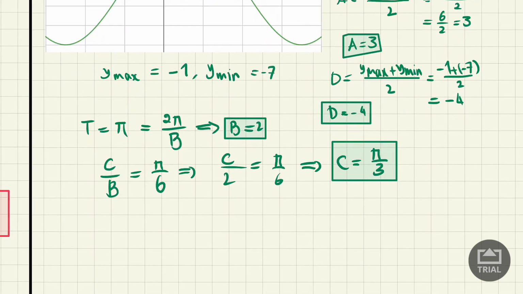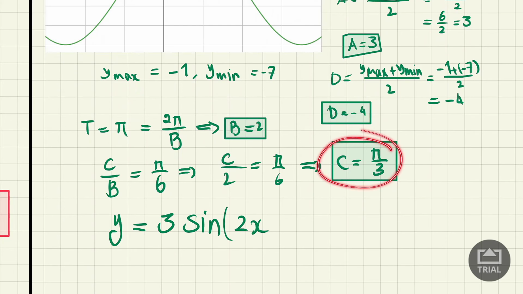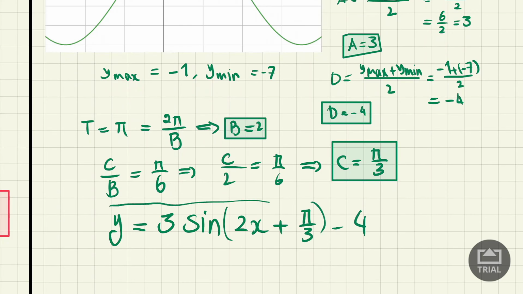Yes, because I have the answer here. So here you see, finally y is equal to, A is 3, so this is the correct formula, 2x. By the way, I didn't explain, but I hope that you understand this should be positive, because the shift was to the left. So it is y = 3 sin(2x + pi over 3) minus 4.